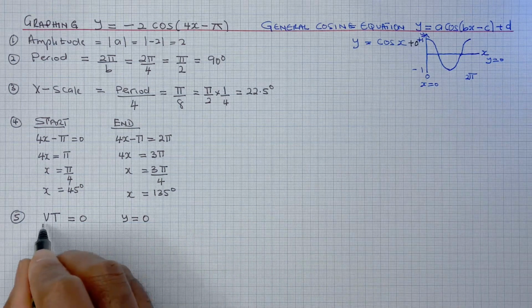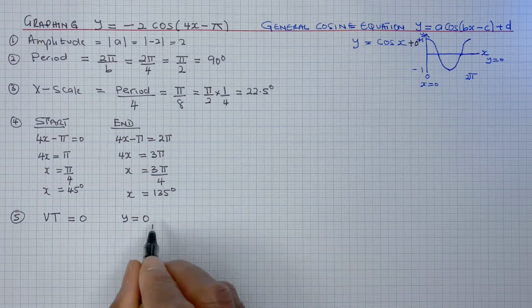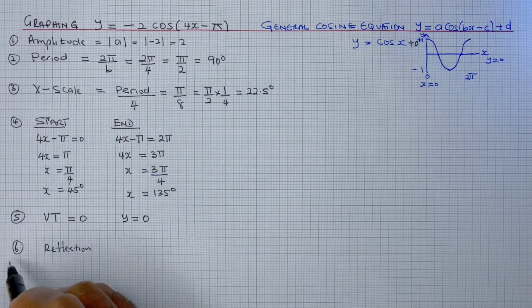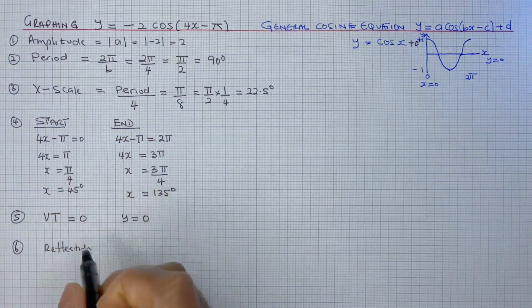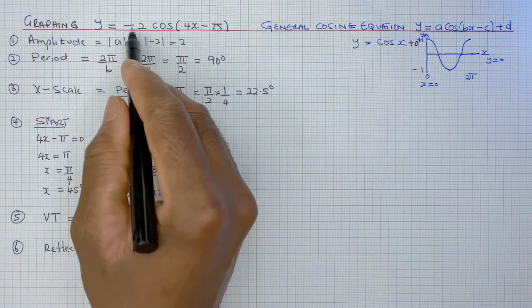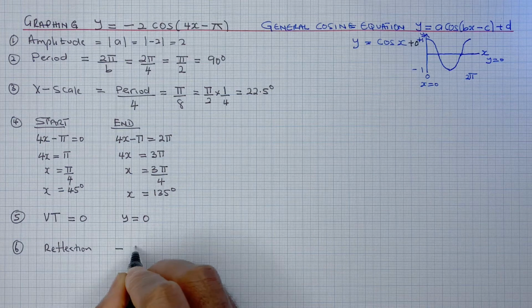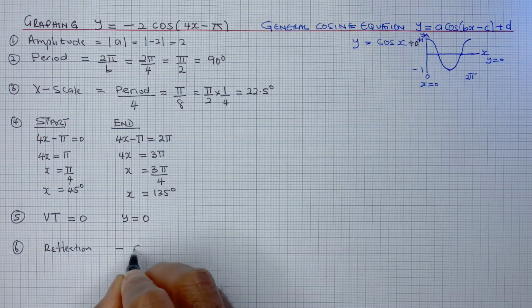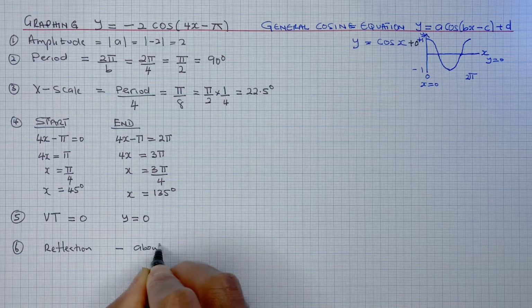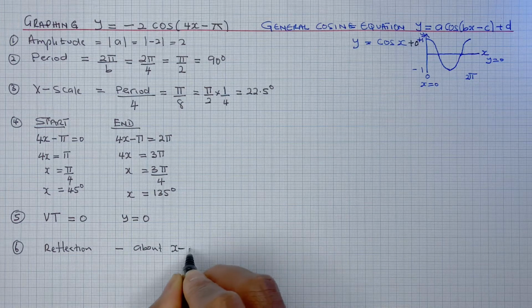So this curve will be on the x-axis where y equals 0. Point number 6: is there any reflection? Yes, there is a reflection, the minus 2. The minus indicates the reflection about the x-axis.